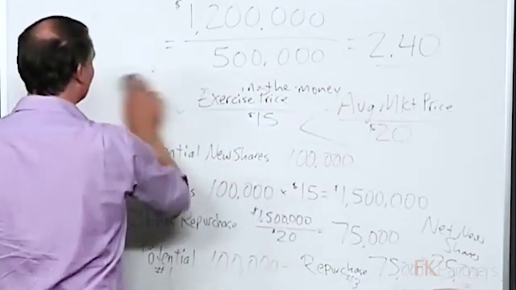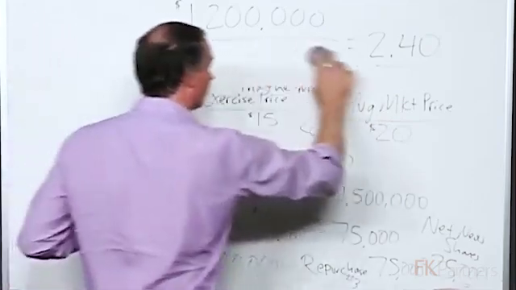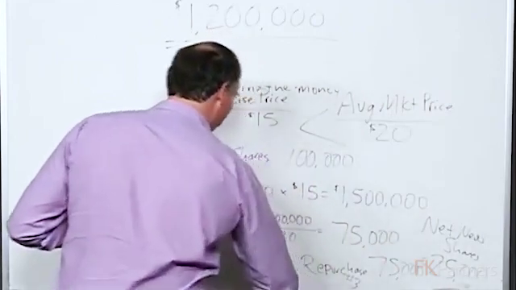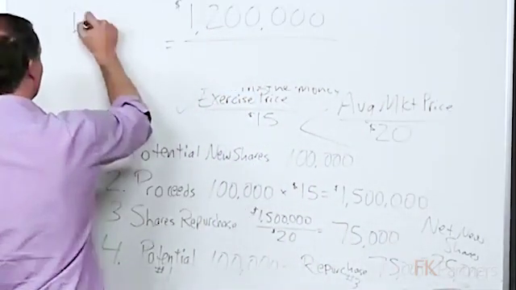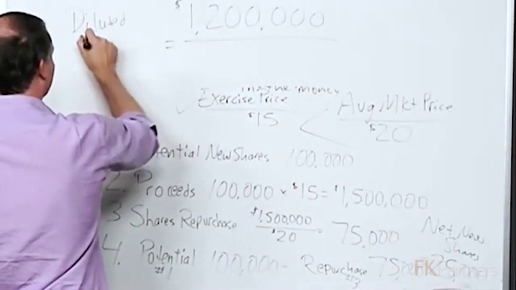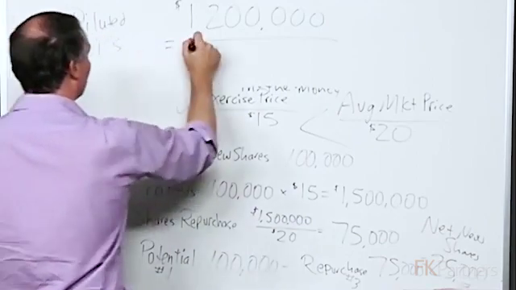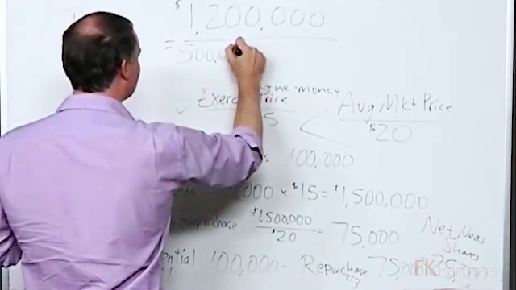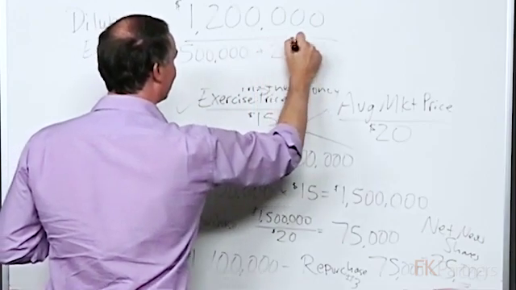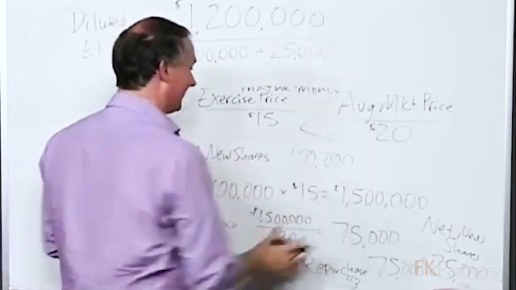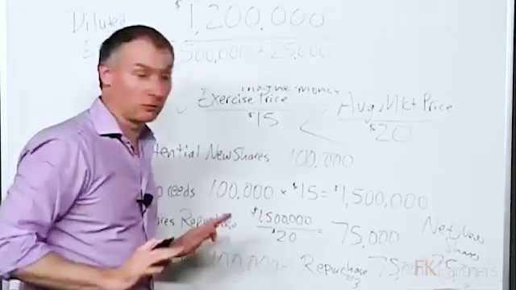Now to calculate a diluted earnings per share, I'm going to erase a little bit up here. Diluted earnings per share. I already have my 500,000 shares outstanding, and now I'm adding to this the net new shares that I calculated through that method I just worked through.